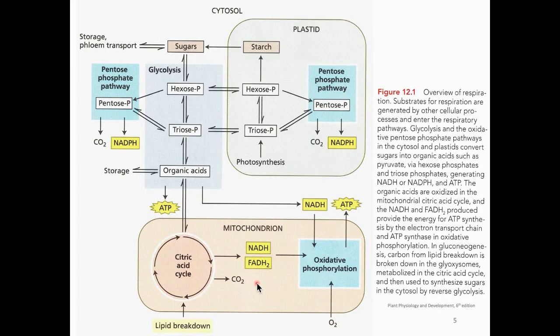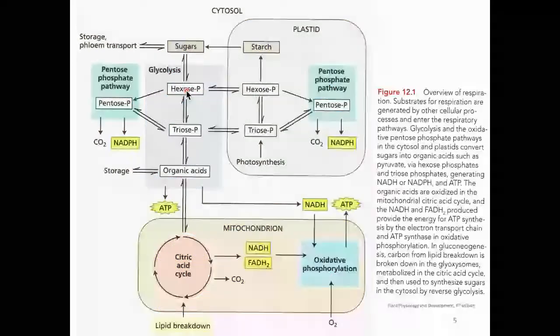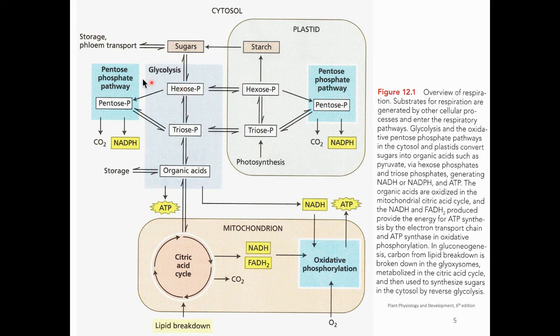Right? This is the overview. So you start from sugar, which is mainly sucrose, and then you can enter glycolysis, and sugar can become hexose, and hexose can be the substrate for the pentose phosphate pathway in the cytosol and also in plastids or chloroplasts.